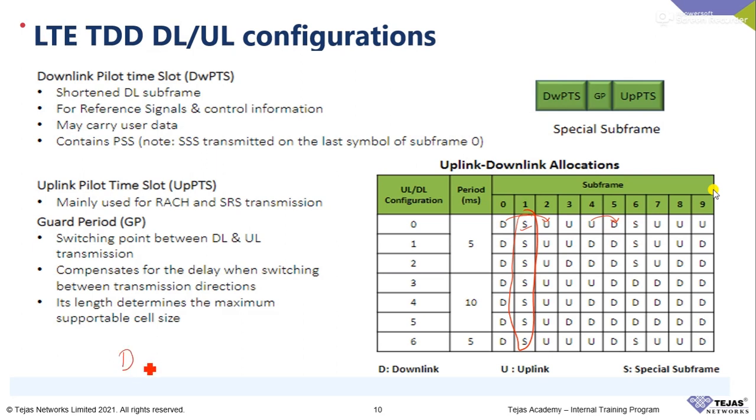Always the first subframe will be downlink itself. If you are switching from downlink to uplink, because this is TDD, in a single frequency we need to switch between downlink and uplink, so there should be a special subframe in between. But if we are moving from uplink to downlink, we don't require a special subframe.